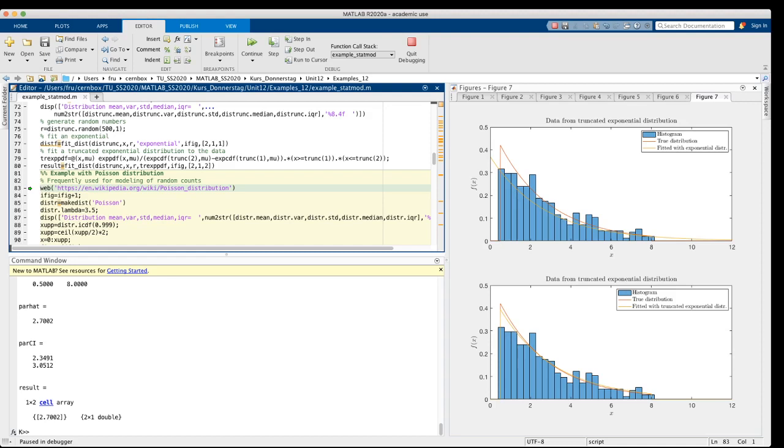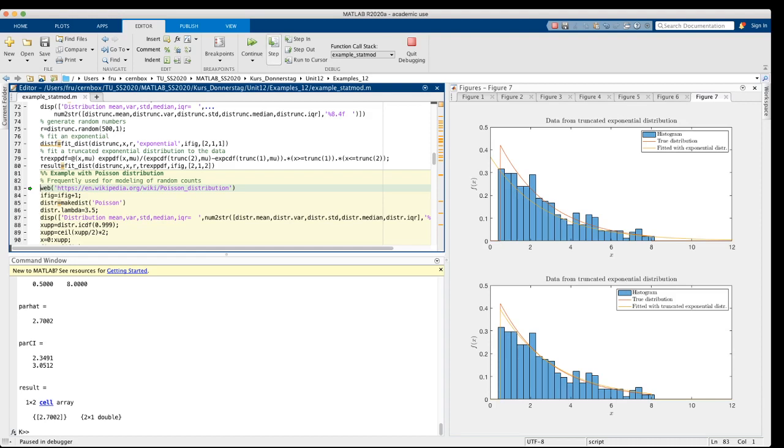If you measure the waiting times between two decays, you will see an exponential distribution. If you count the number of decays per a predefined time unit, for instance per second, you will see that the counts are Poisson distributed.